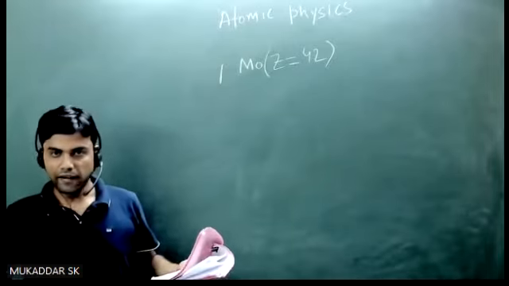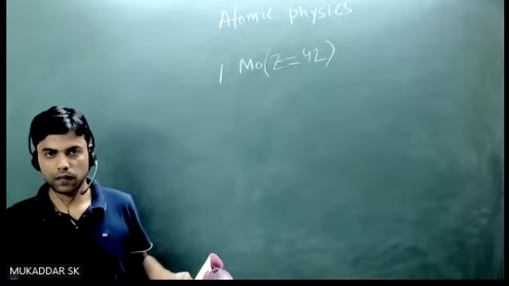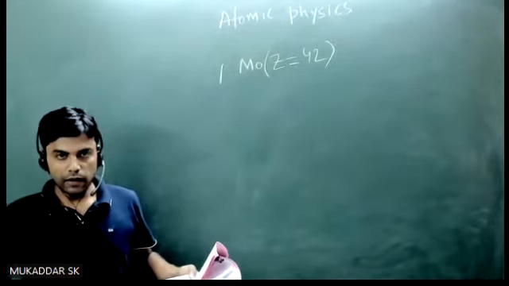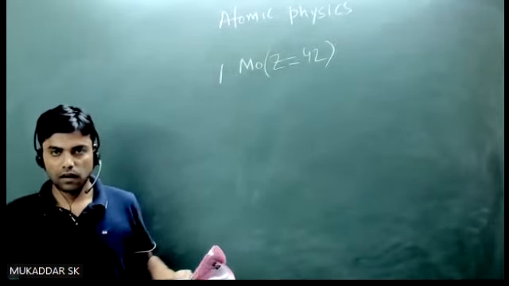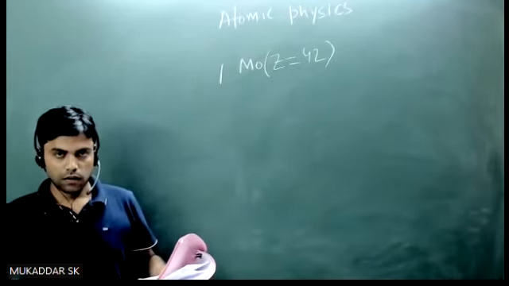The wavelength of K alpha X-ray of molybdenum target is 0.72 angstrom. Full stop.